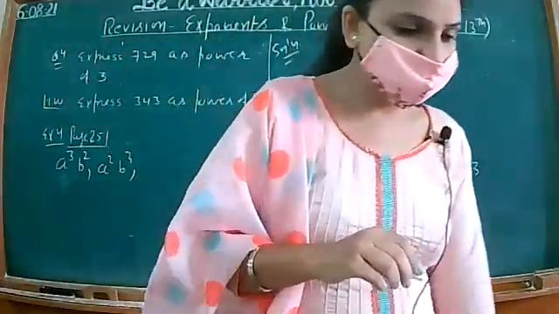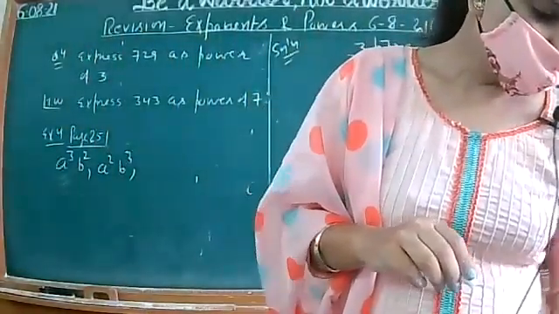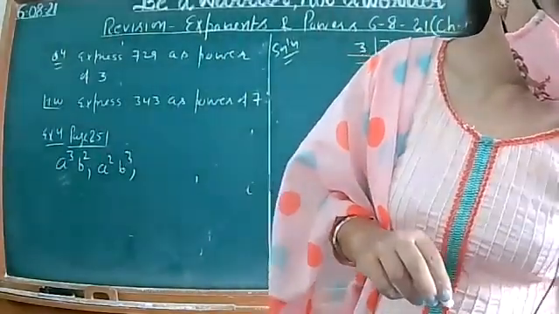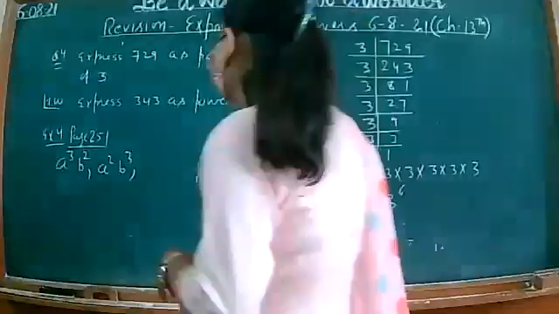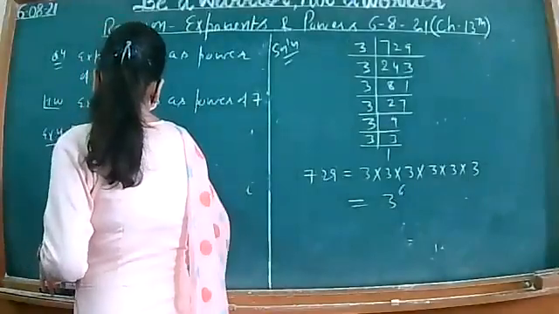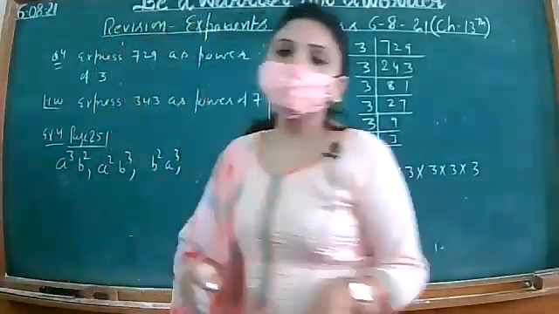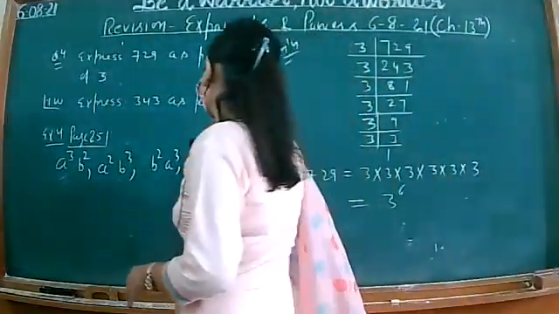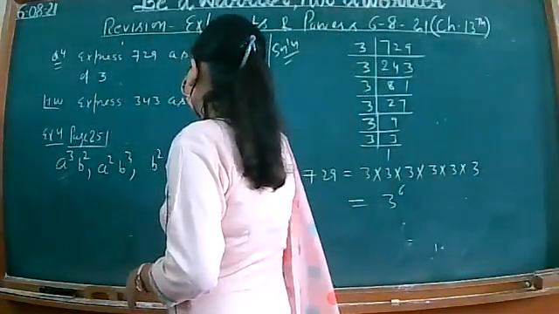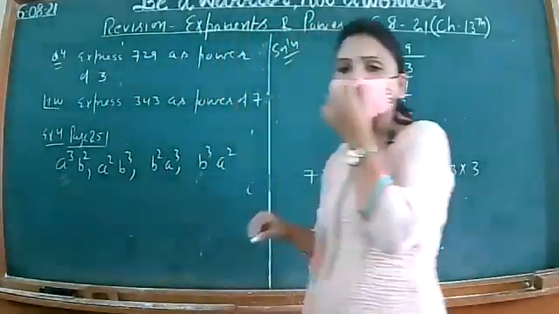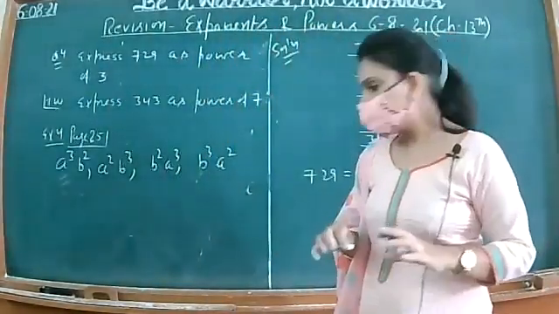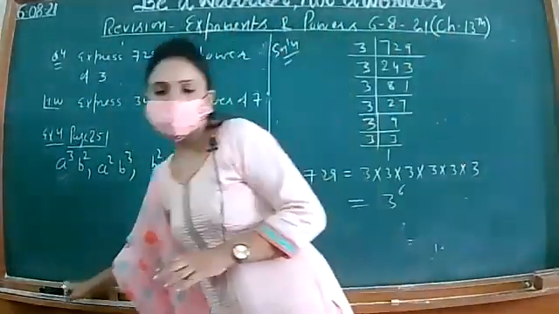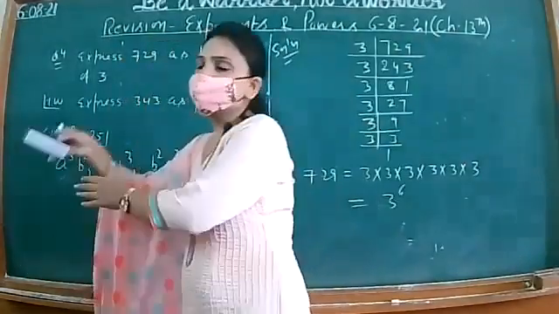Third is b square a cube, and fourth is b cube a square. And after that, one question he is asking. First of all, let me expand it, and then I will explain about the question.